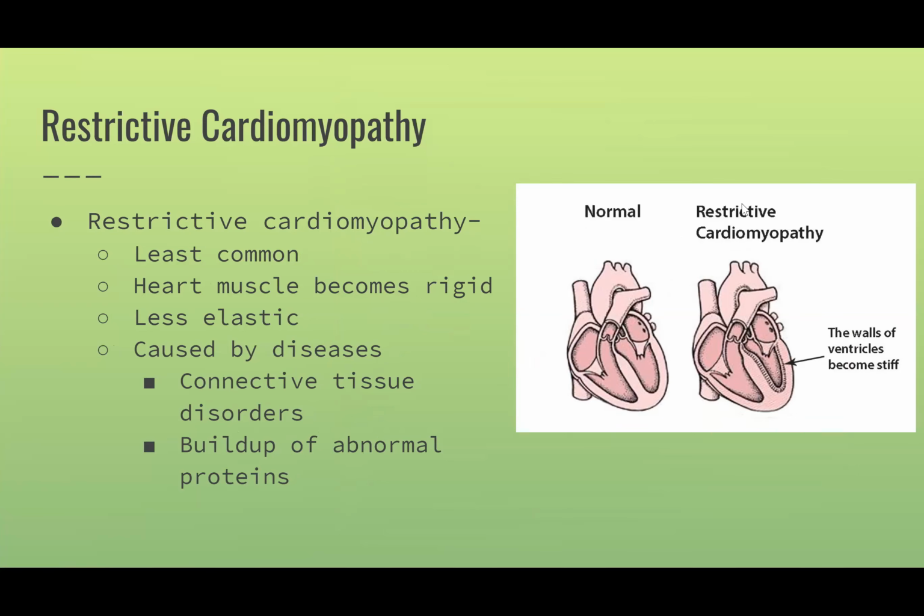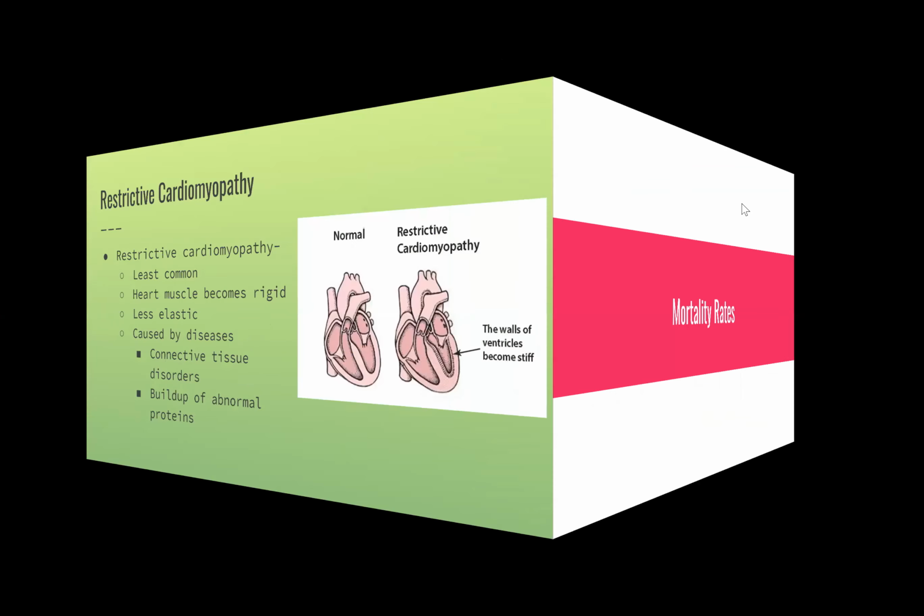It's caused by diseases like connective tissue disorders and buildup of abnormal proteins. If you see in the picture, compared to a normal heart, a restrictive would have stiffness at the walls of the ventricles. Next slide.